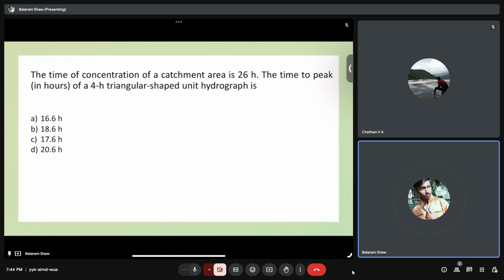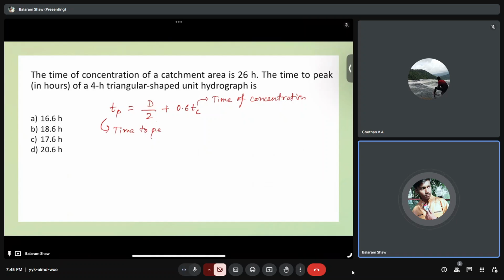From the SCS triangular hydrograph, we know we can write TP is equal to D by 2 plus 0.6 into TC. TC is the time of concentration, and TP is the time to peak.